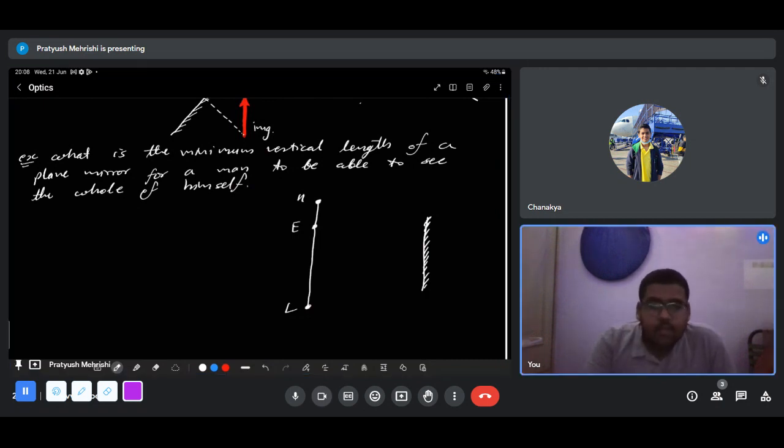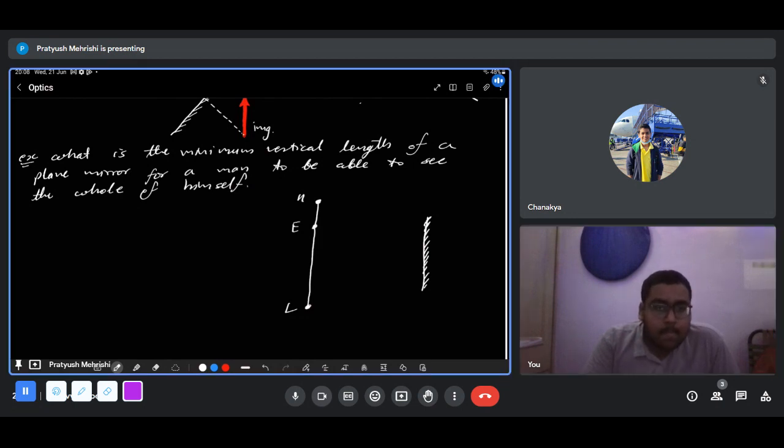So we get half the length of the person. Half the length of the person is the result which we have already studied. But how to prove it?